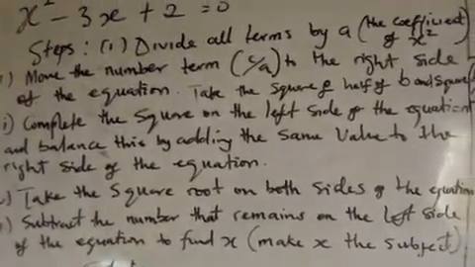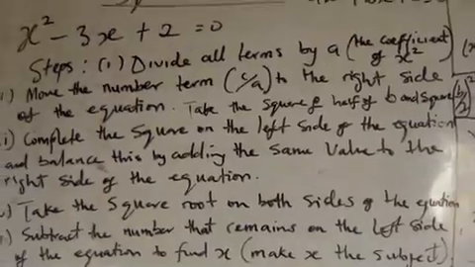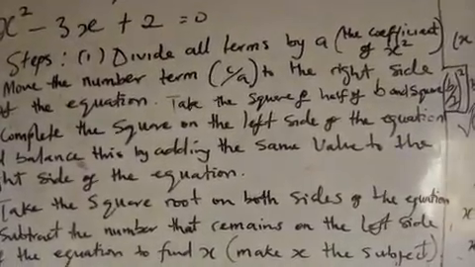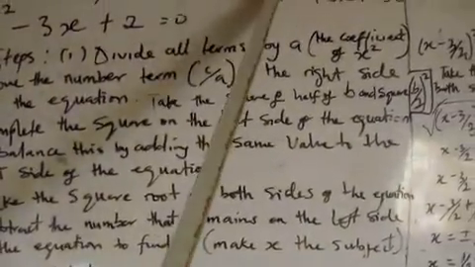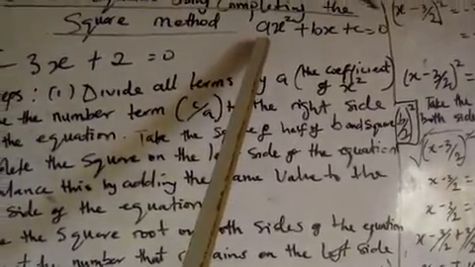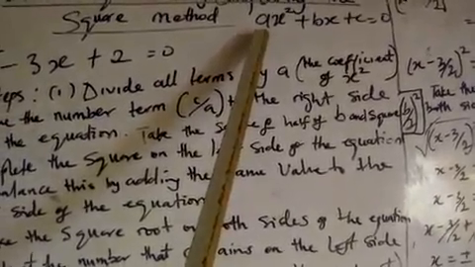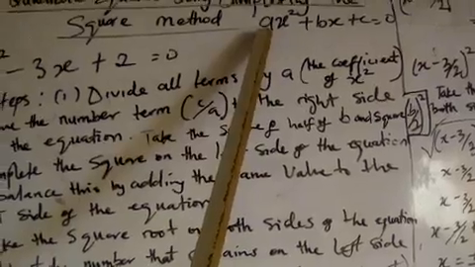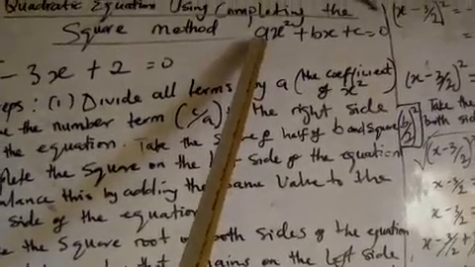The first step you should consider is to divide all terms by a. That means if the coefficient of x squared is more than 1, for example 2, then you have to ensure that you divide all through.